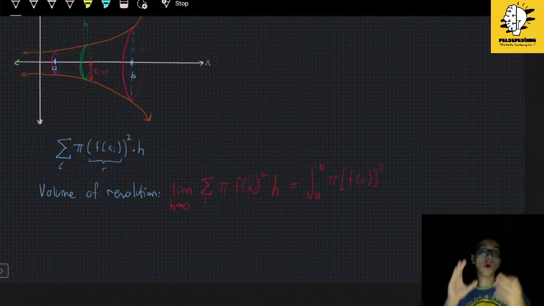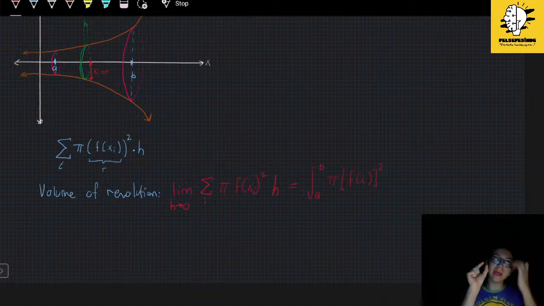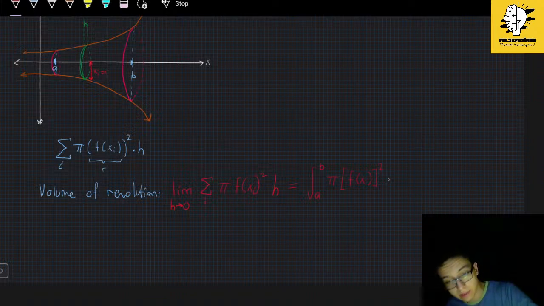Because I am looking for all x values, not an exact, not a certain disk. I am looking for all the radiuses that range between a and b for my function f(x) times dx, due to my limits.